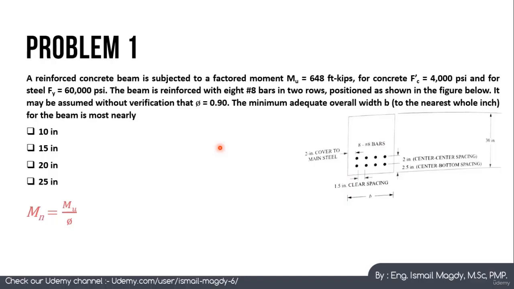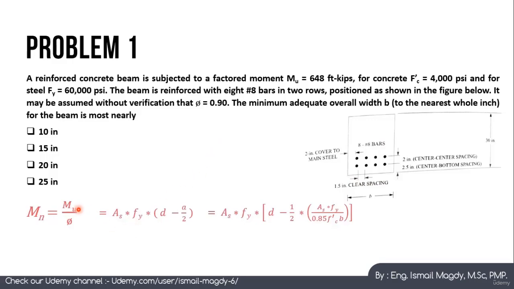But what does Mn equal? We know this equation also, which equals area steel multiplied by fy multiplied by d minus a over 2. And we know that a equals area steel multiplied by fy over 0.85 f'c multiplied by b. All of these equations we have in the reference book.